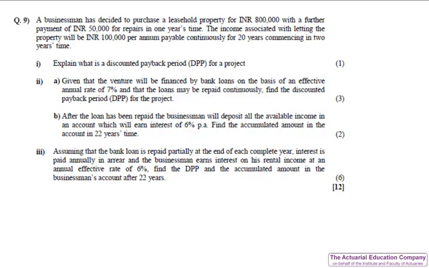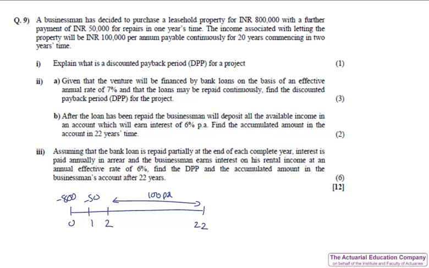As mentioned before, a cash flow diagram is always helpful here. We're working in thousands, so we initially pay out 800 at time 0, another 50 at time 1, and then it's a payment of 100 per year paid continuously for 20 years, but starting at time 2. Now, the discounted payback period will be the time when we break even.